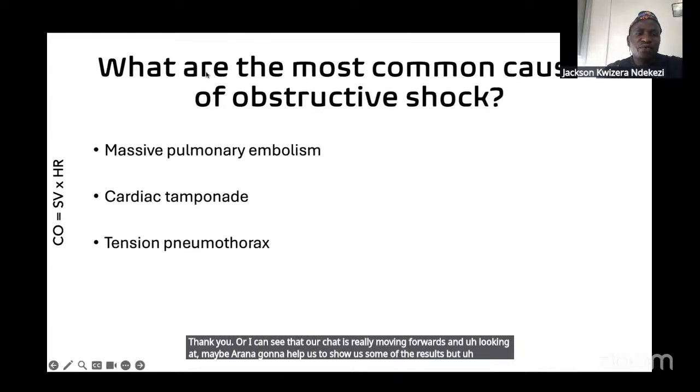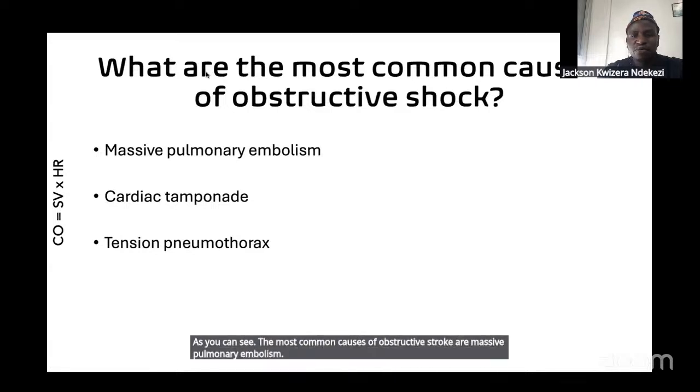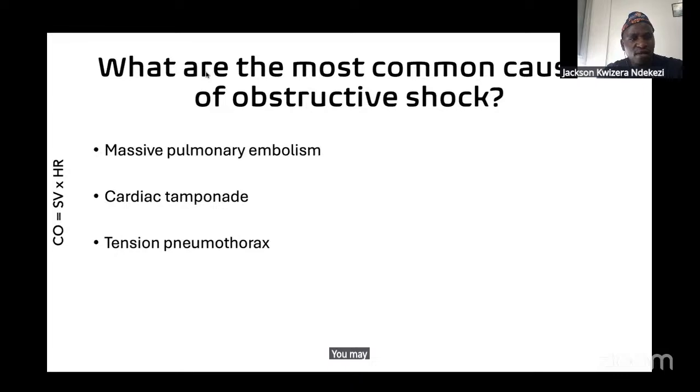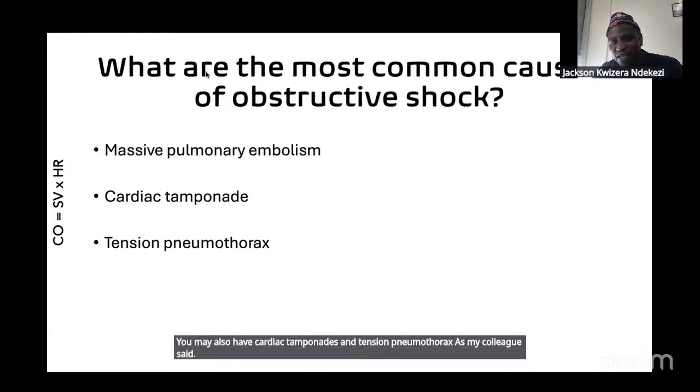As you can see, the most common causes of obstructive shock are massive pulmonary embolism. You may also have cardiac tamponade and tension pneumothorax. As my colleague said, we do not know the statistics in LMICs, but in high-income countries there are statistics showing these are the most common.